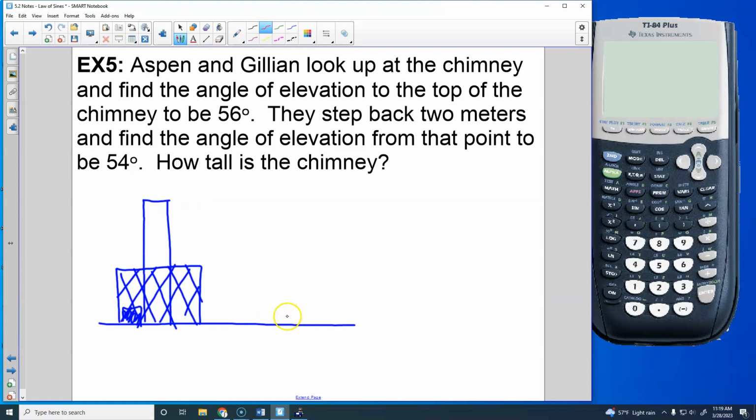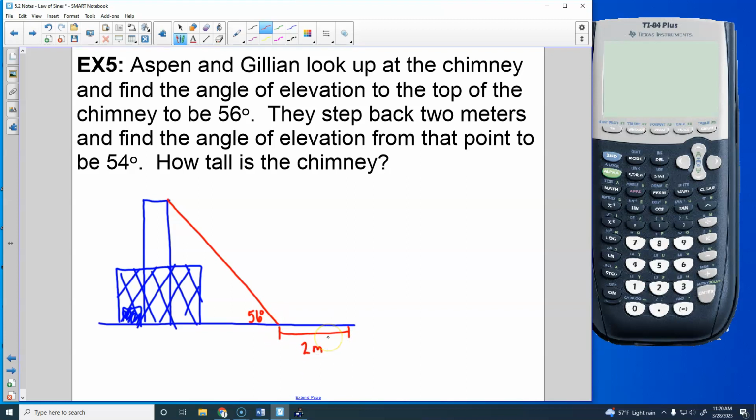So this is what you're going to have to do. Aspen and Gillian look up at the chimney. They find the angle of elevation to the top of the chimney to be 56 degrees. So they stand out here somewhere, and the angle of elevation is 56 degrees. Then they step back 2 meters, or however far.